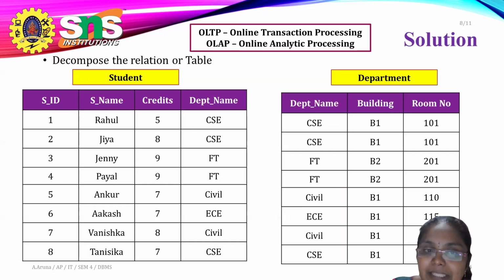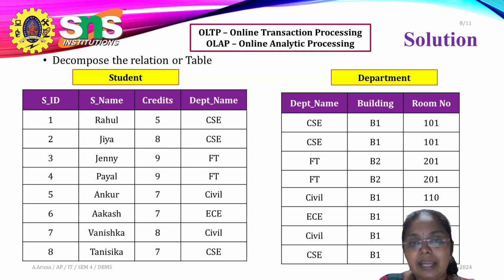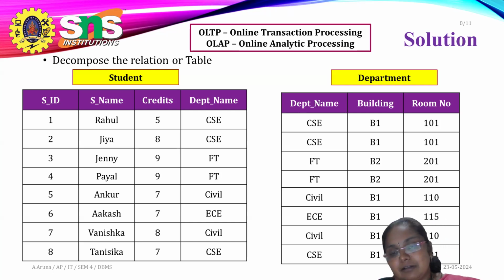These are the major things related to OLAP and OLTP. I am going to explain in detail in another video what OLAP and OLTP are, because OLTP should not contain redundant data. It needs only normalized data, but in analytical processing the data can be either normalized or unnormalized.